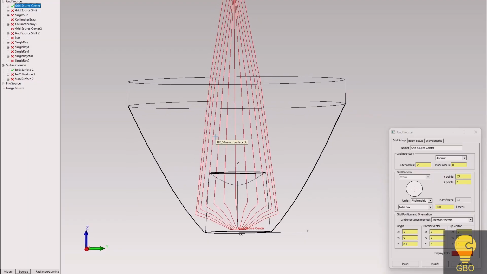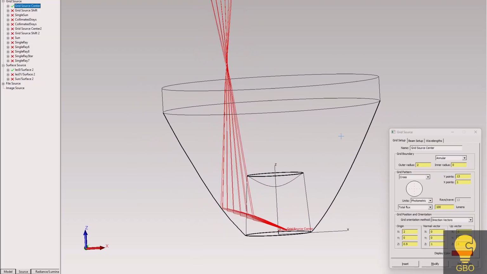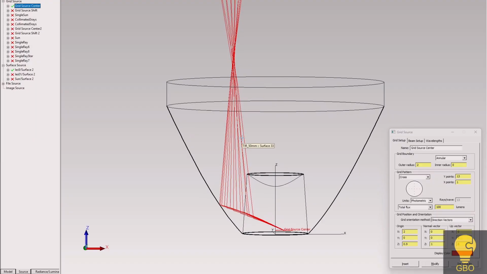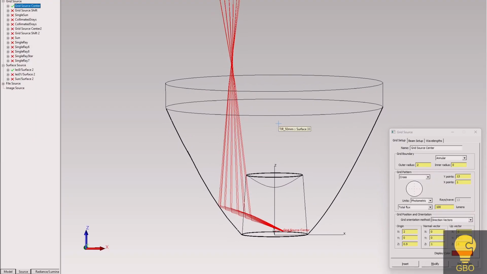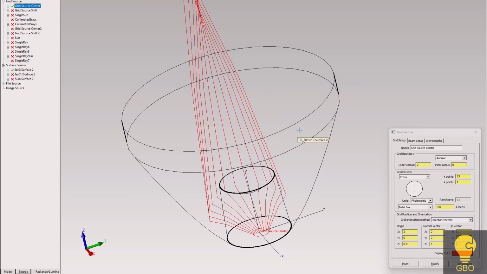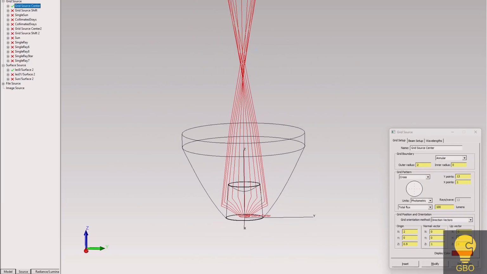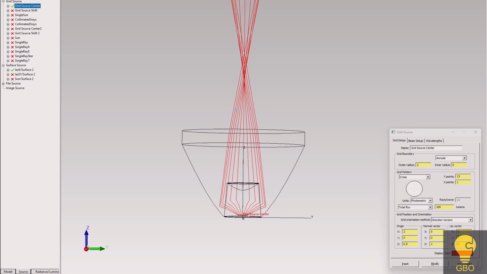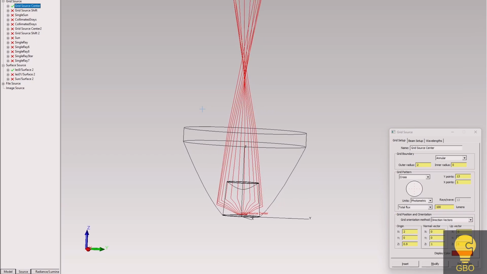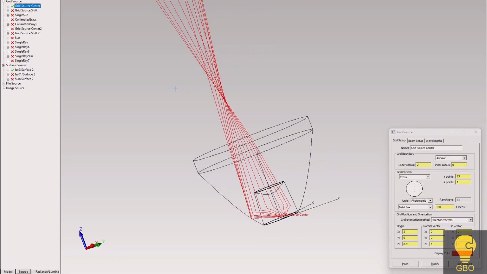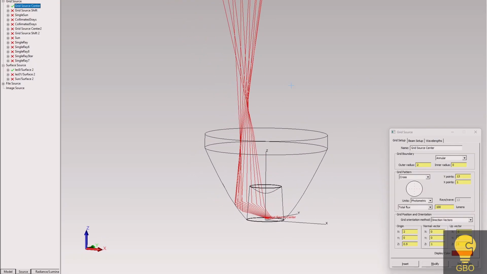As we can see, the rays get this caustic on this plane, and on the other one we have the crossing of the rays instead of being collimated. Okay, it's a sort of 3D caustic.